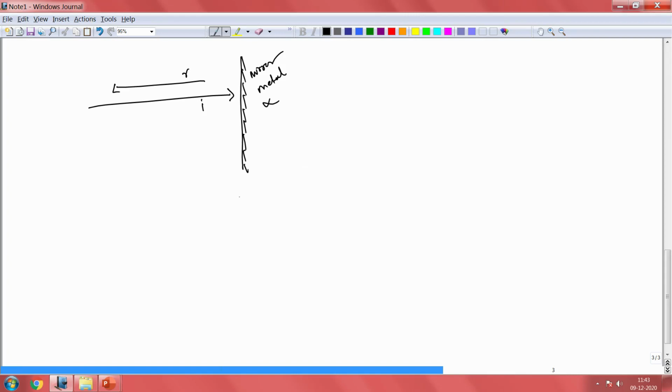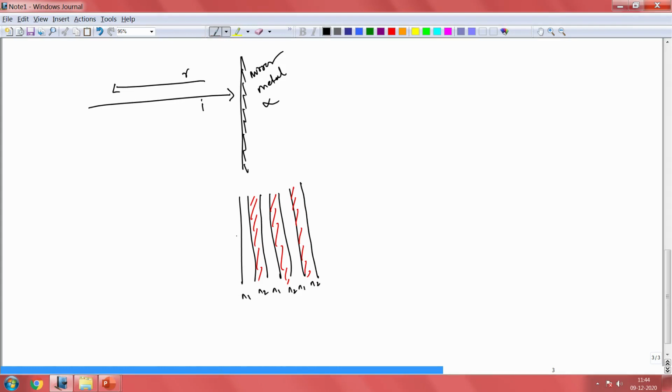We can use multiple layers of alternating refractive indices. So, I have different refractive index now. So, I can have N1, N2, N1, N2, N1, N2. Okay.